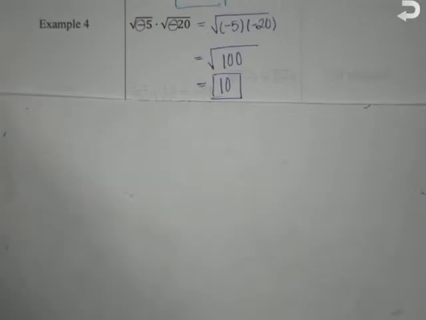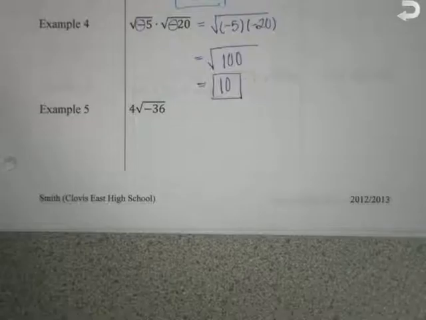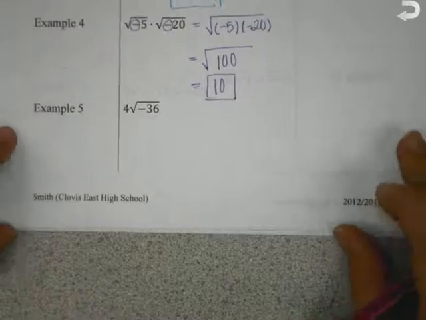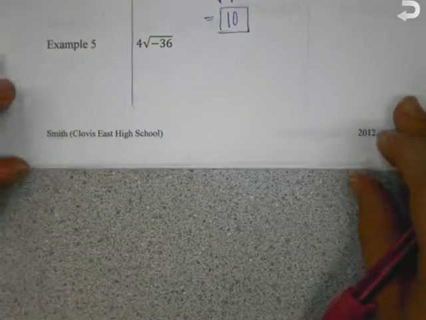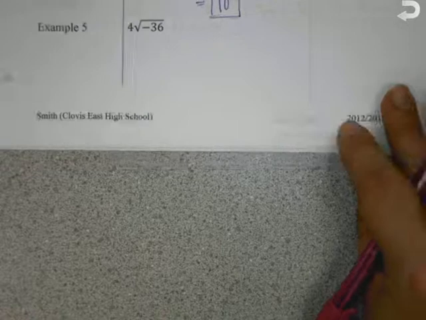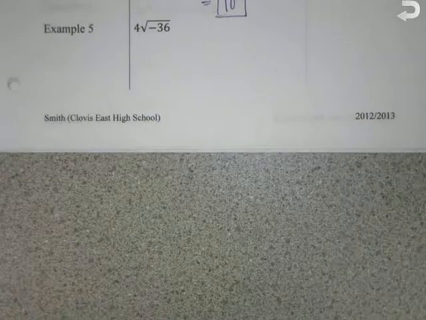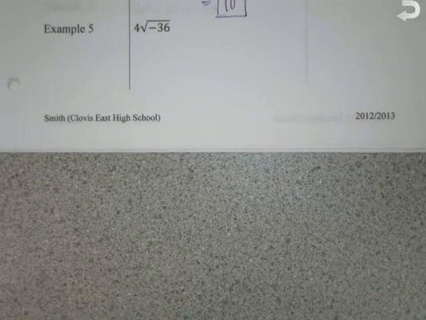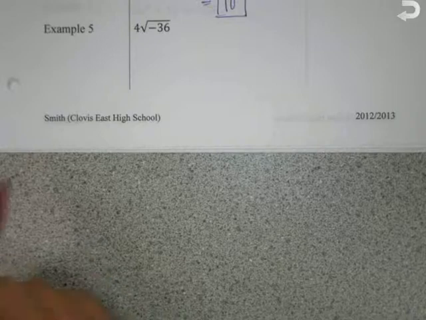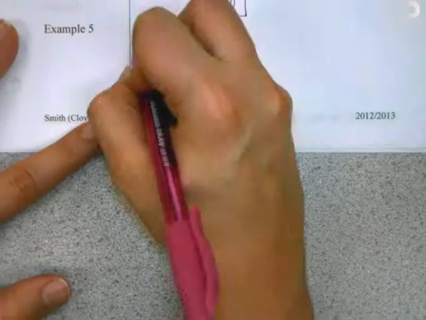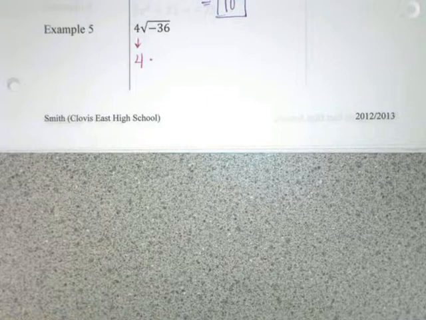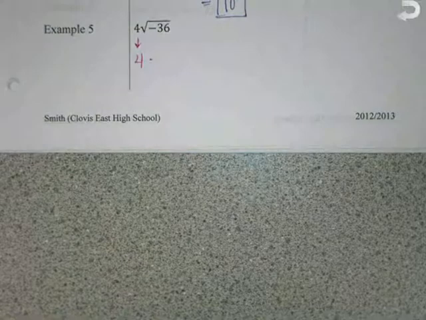Okay, example 5. So we have 4 square root negative 36. So what we want to do here is bring the 4 down. We're multiplying whatever comes out of that by 4. Because I have a negative inside the square root, I can automatically write i.